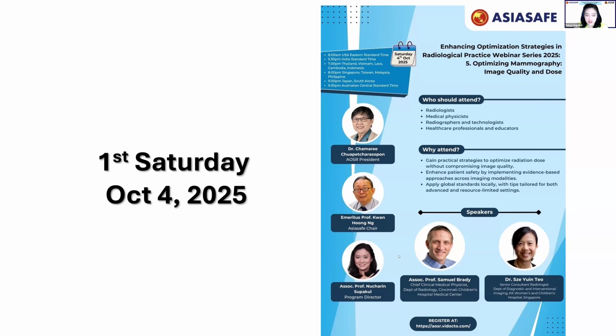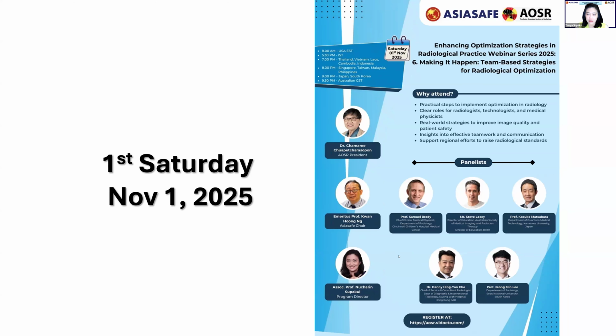And then the last session, after we learn about each modality, CT, IR, fluoroscopy, mammo, CR, and DR, we're going to have a wrap up session. Since we know this is a team-based approach strategy to get optimization for the patient, we're going to have the last session on November 1st, 2025, combining a medical physicist, technologist, and radiologist talking together about how we can make this happen.